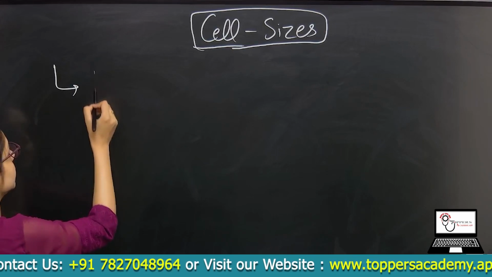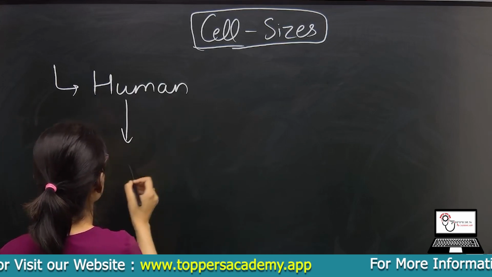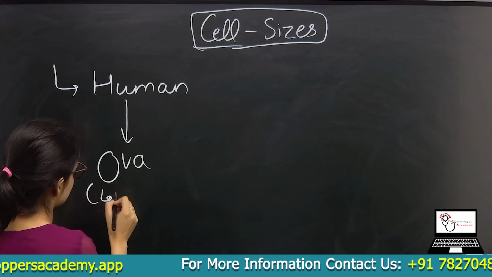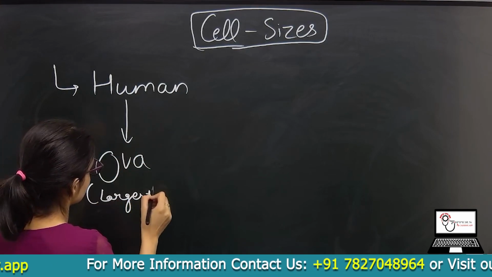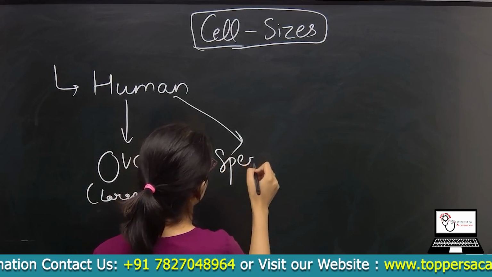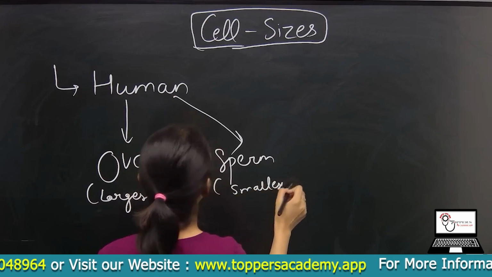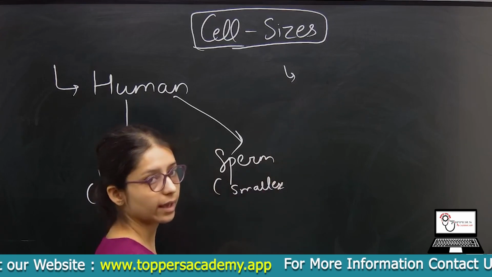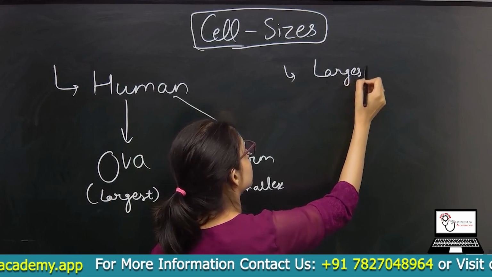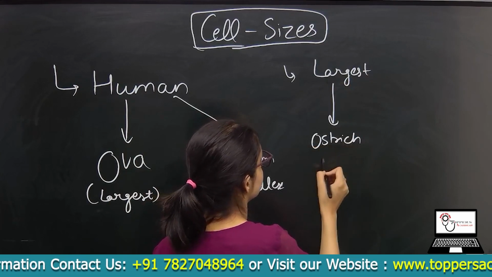If we talk about humans, the largest cell is the ovum, that is the gamete, and the smallest is the sperm. If we talk about animals or birds, the largest is the ostrich gamete, the ostrich egg.